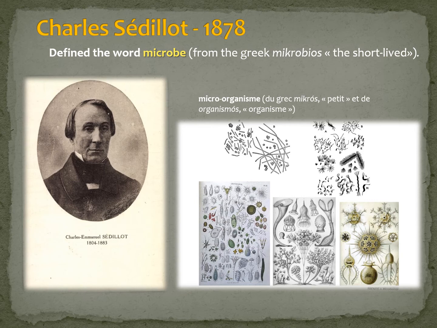So Sédillot in the year of 1878 was the first one to create the word microbe, to use the word microbe as referring to these small organisms. In ancient Greek, microbios means the short-lived, and they have such an importance in our lives as we know nowadays.